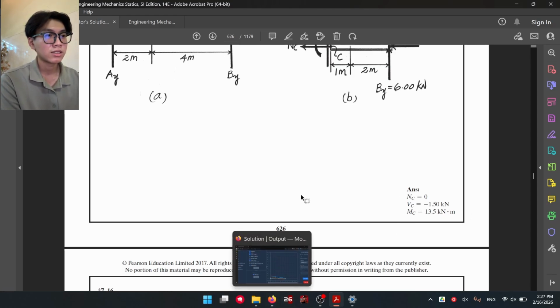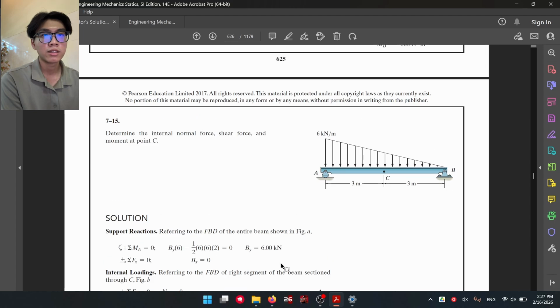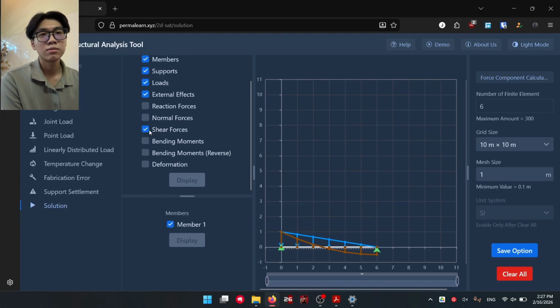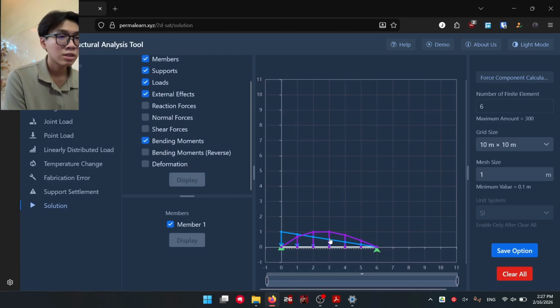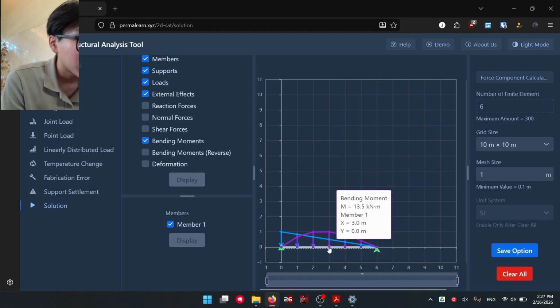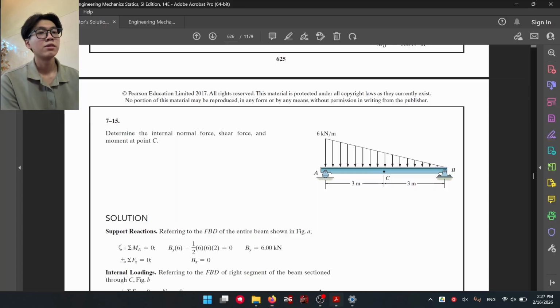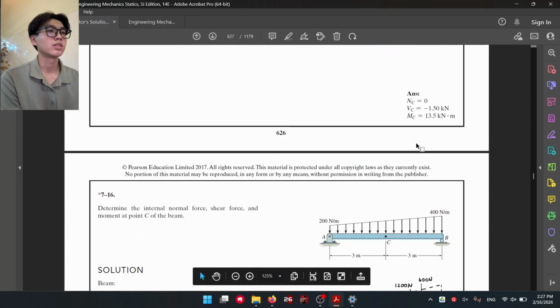And lastly, we're gonna find the moment at point C. Here it's called bending moment. Just gonna display it. At point C, the moment is 13.5 kilonewton-meter, which also matches the solution.